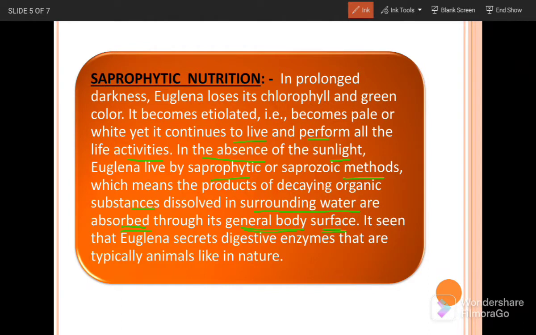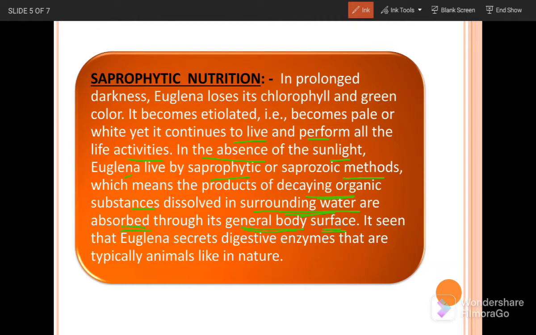If any organisms die in the surrounding water, the decaying organic substance dissolves in the water.